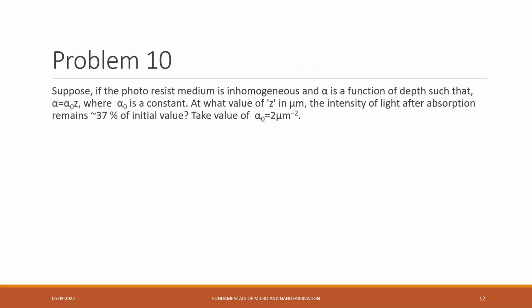You have to take alpha naught equal to 2 micrometer to the power negative 2. You are free to use a calculator. Just to give some hints, this refers to the Beer-Lambert law, I equals I naught e to the power minus alpha z, that we studied. So you have to go along these lines, and then you can solve it. We will wait for some time, and we will solve it together.